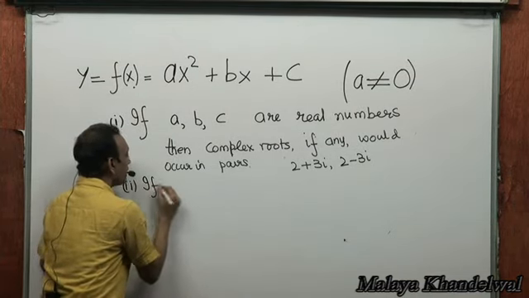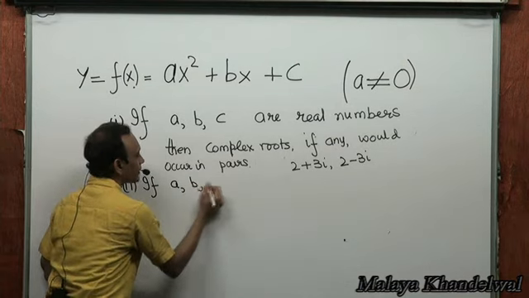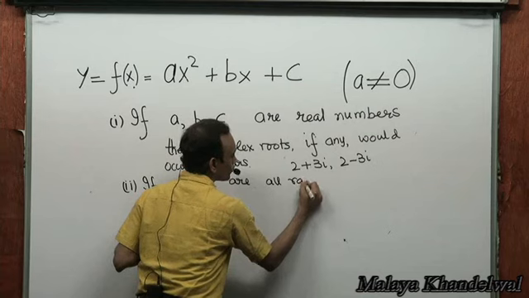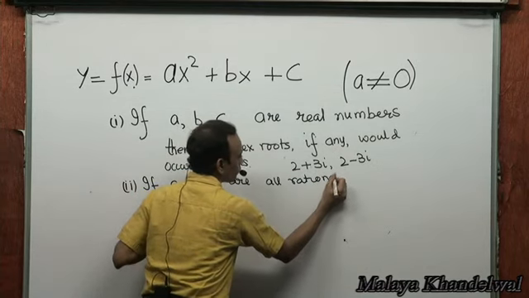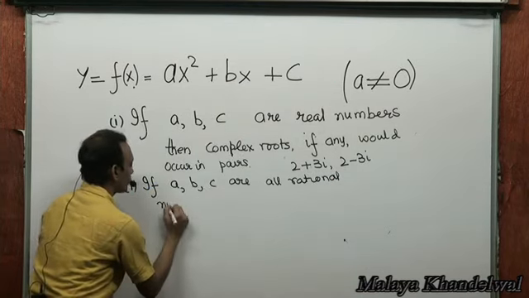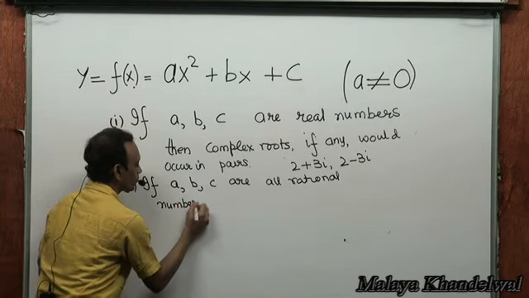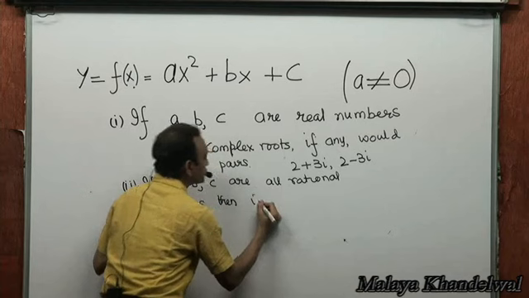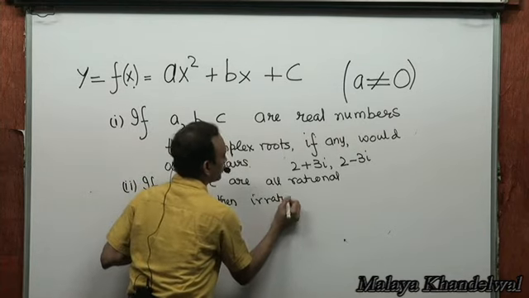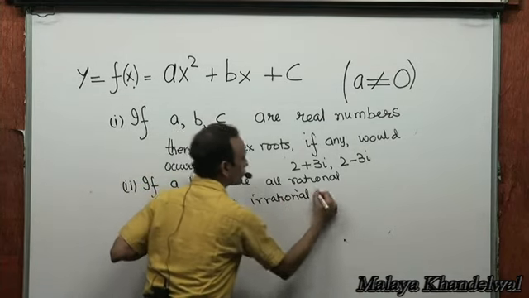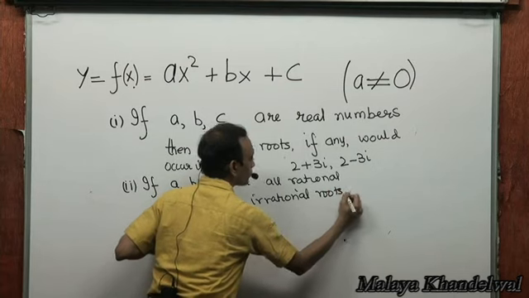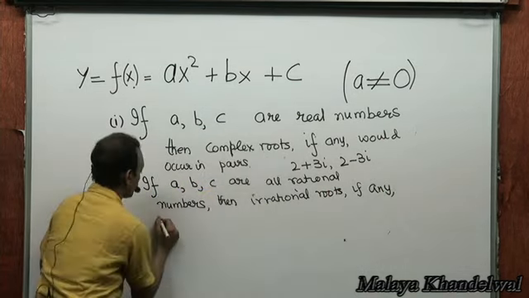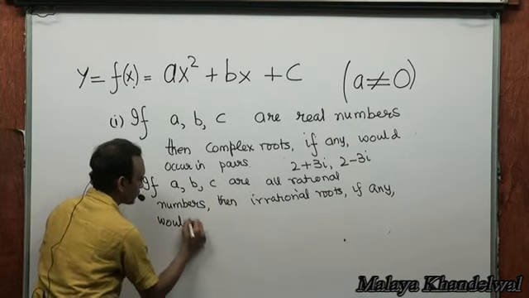If a, b, c are all rational numbers, then irrational roots, if any, would occur in pairs.